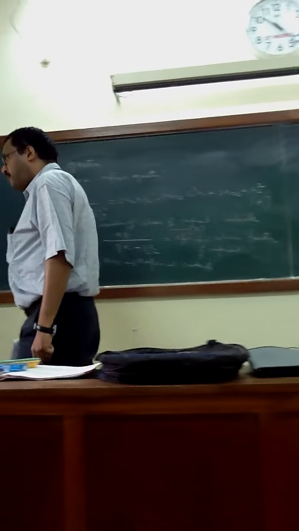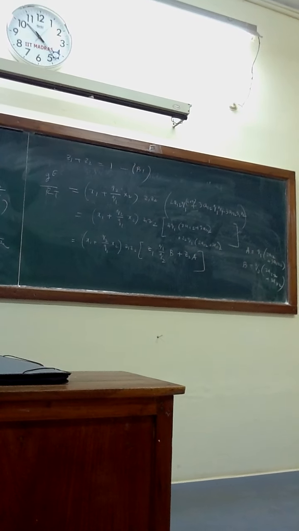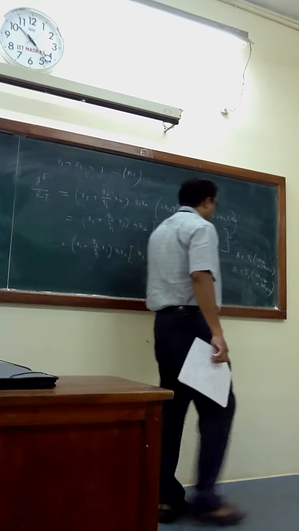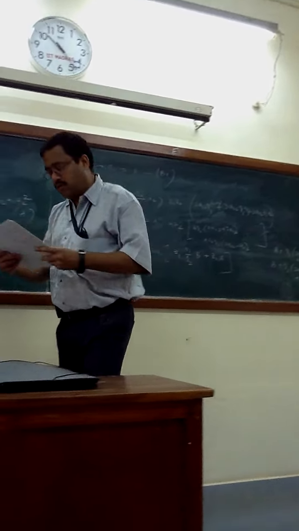Is it correct? B has the Q2 multiplication, so that's why Q2 should be divided, and this is perfect.